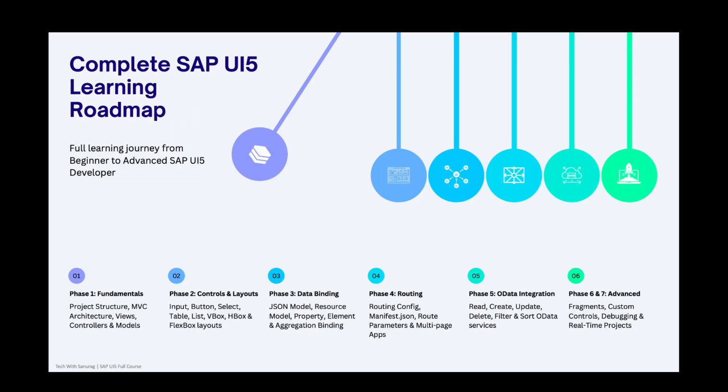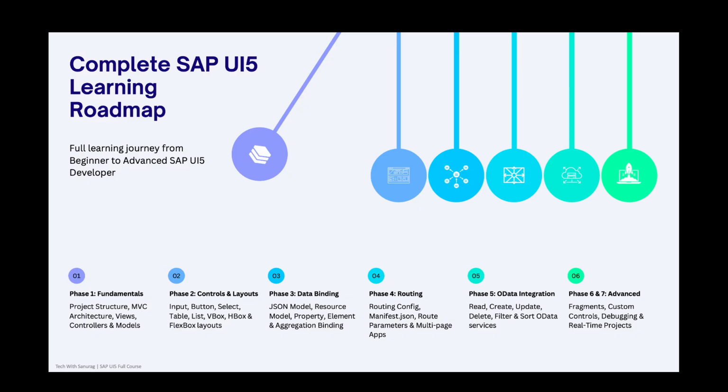Now, let's look at the complete roadmap. Whenever I mentor junior developers or freshers, I always recommend learning UI5 in a specific manner, not because SAP says so, but because this sequence closely follows how applications are actually developed in real projects.